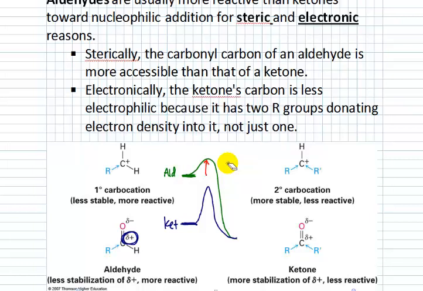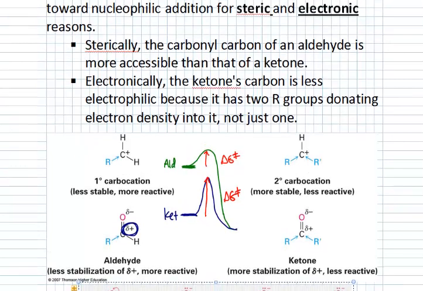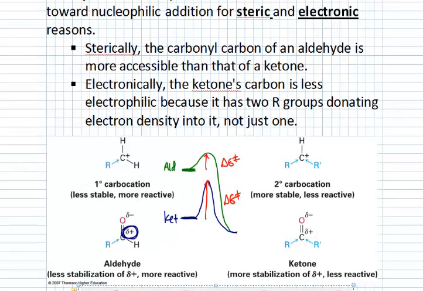Oops, let's call it what it is in this book, delta G double dagger. So aldehydes will be more reactive because there's less of an uphill climb to get to their transition state. The activation energy has a lot to do with the steric hindrance. Right? If I have a hindered transition state, that's going to be up higher in energy. So those factors make aldehydes more reactive, and we'll take advantage of that in some of our reactions in a little bit.